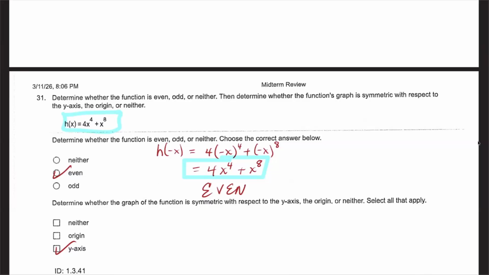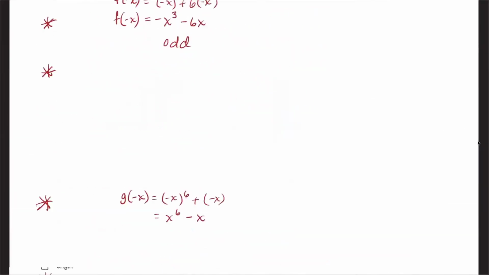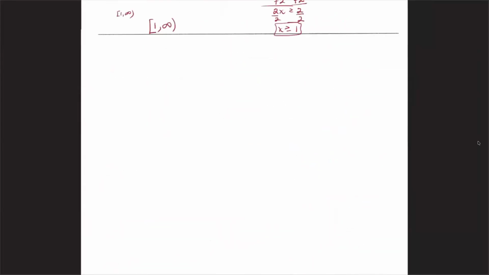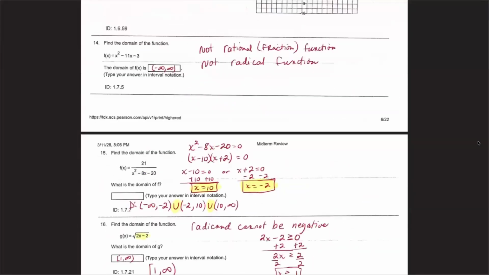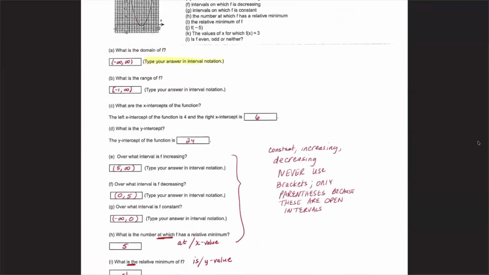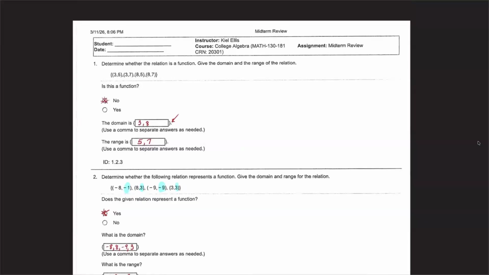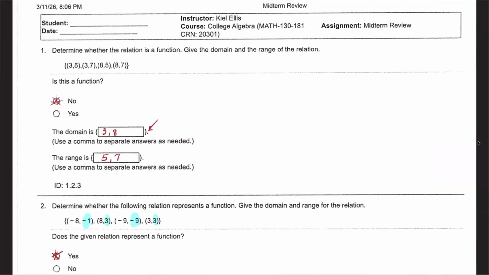Your problems are not going to be exactly the same, but you can use this as a reference for when you're working your review assignment out, which you can do multiple times. Now, I don't know when everybody is scheduled to take their midterms, but you have opportunities for review.